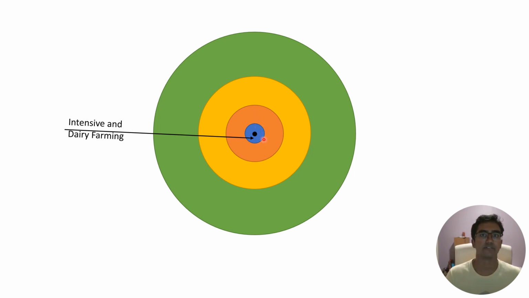Remember, this is the 1800s, so there's no refrigeration. So once you harvest, you got to get them sold pretty quickly. So you have to be really close to the city center, because if your crops spoil, then you're out of all that money that you put into growing them, and that's not good for you. And so that's why your intensive and dairy farming will be closest to the city center.